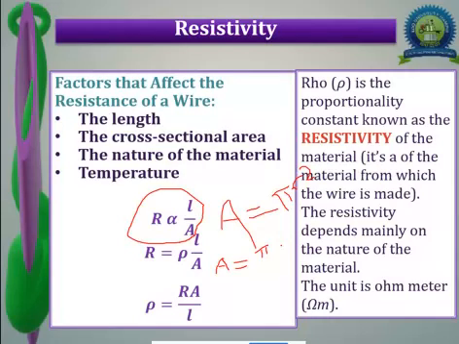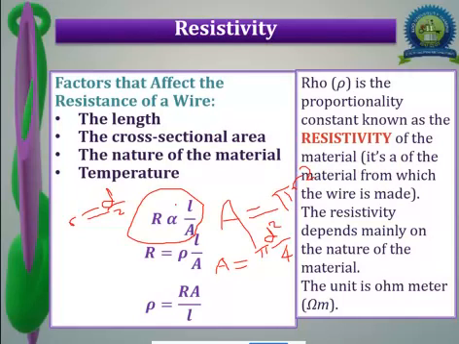Diameter is equal to 2R, so R is equal to D/2, right? So if I place this here, we have pi D square over 4. So you can use either of these to calculate the cross-sectional area of the wire.